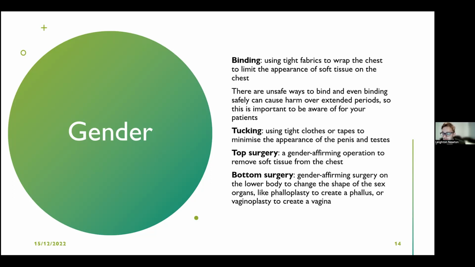It's relatively recent that safe binding has come into the mainstream, and that binders are readily available, but even then it's not readily as such. And even doing it safely can cause harm over extended periods. So it's important to be aware of this for our patients.